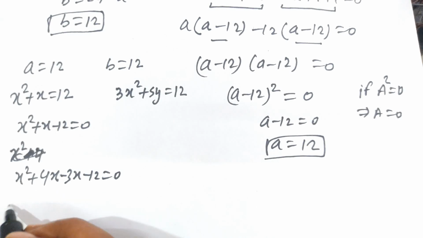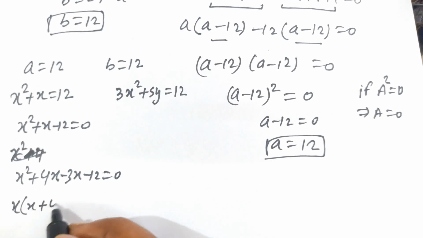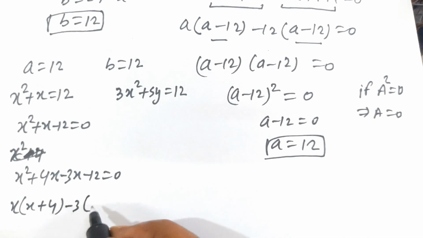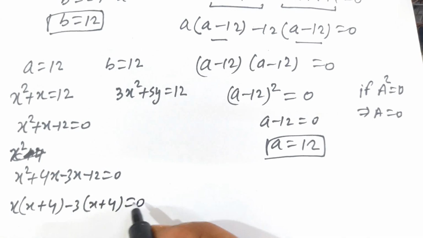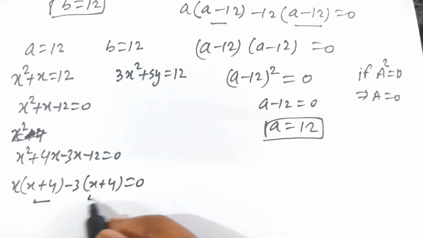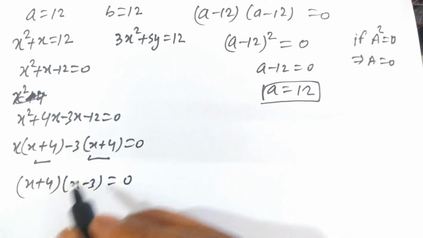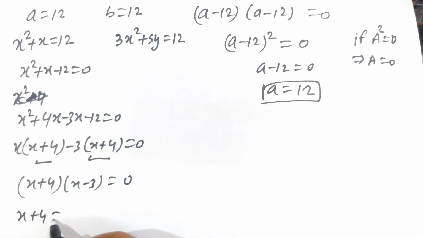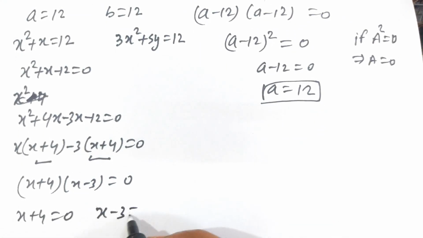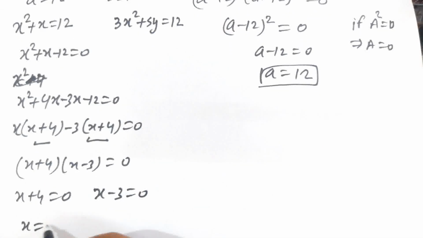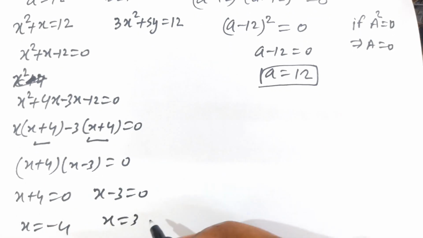And if we take common x, then x plus 4, and here if we take common minus 3, then here x plus 4, and this is equals to 0. And if we take x plus 4 common, then here x minus 3, and this is equals to 0. Either x plus 4 is equals to 0 or x minus 3, this is equals to 0, then x is equals to minus 4, and here x is equals to 3.